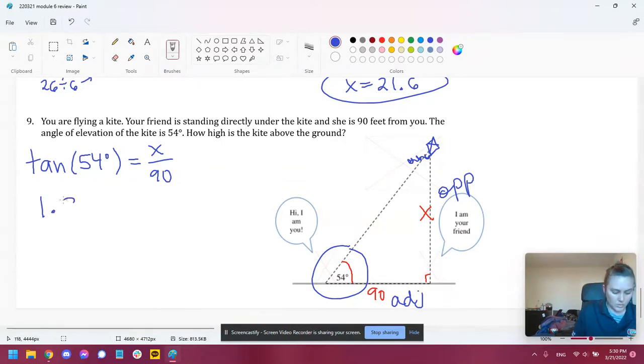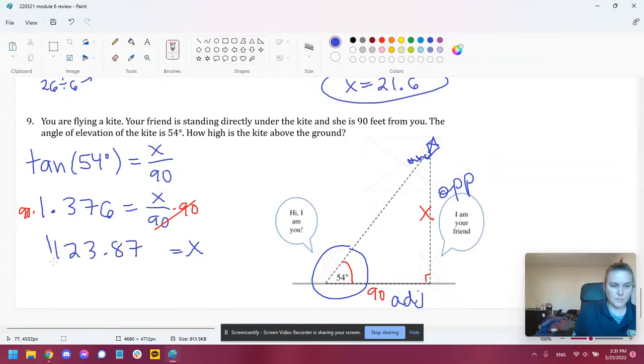I'm going to get 1.376. And then to solve for x on this side, I'm going to multiply by 90 because it cancels. I get x equals 123.87, which is how far this kite must have been in the air.